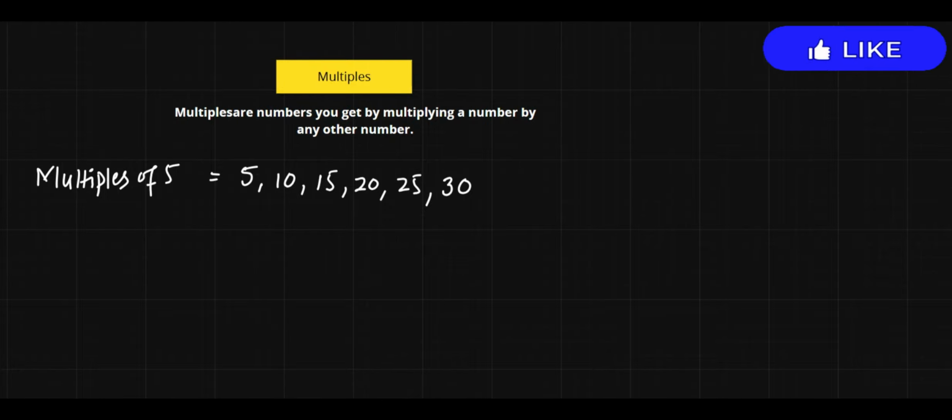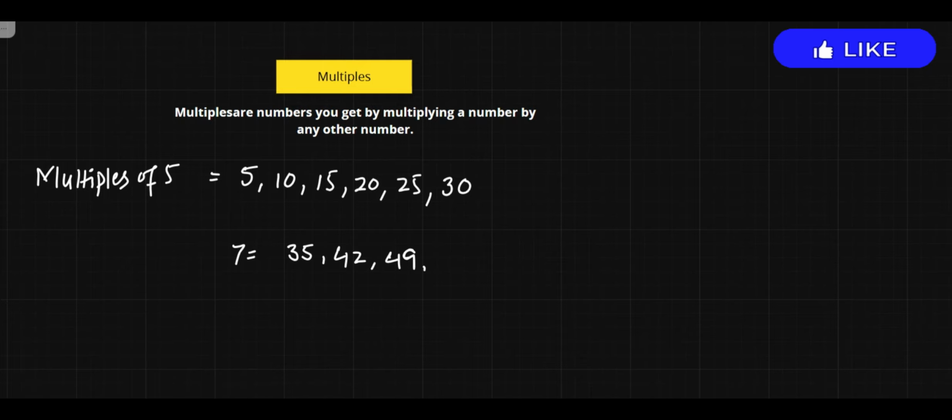Similarly, if I write the multiples of 7, it has to be like this. 7 times 5 is 35, 7 times 6 is 42, 7 times 7 is 49, 7 times 8 is 56, and so on. So we can have multiple multiples of 7.